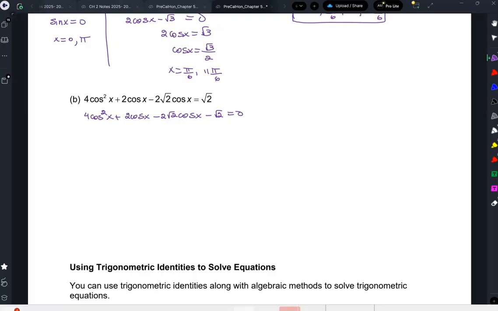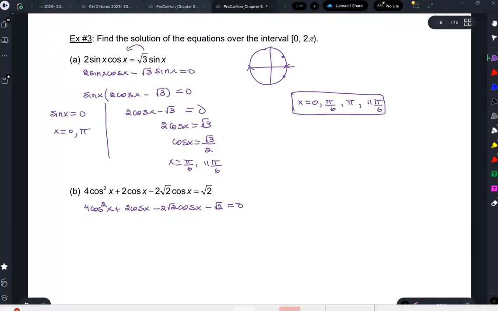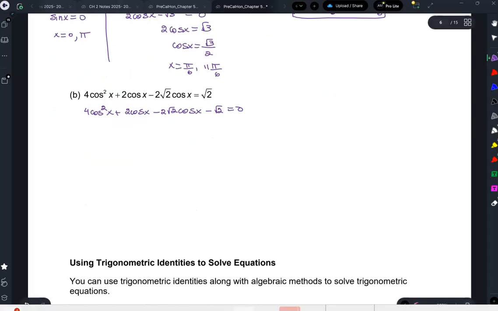Next, you're going to think of factoring. That's what we did here: same side, factor, solve. How many terms are in this one? 4. When you have 4 terms, always try factor by grouping. So split it down the middle.